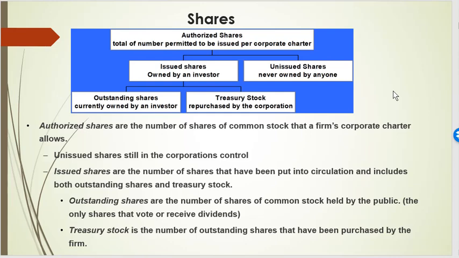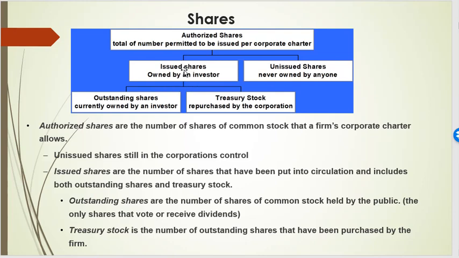Unless they change the charter, this is the maximum number of shares they'll ever be able to issue. Now, some of those shares are issued. They're becoming a corporation, so they're going to issue shares to some investors. Some of those shares may be held by the company. These are what are referred to as unissued shares. And of course, later on, as the company deems necessary, they can then issue those shares at a later date.